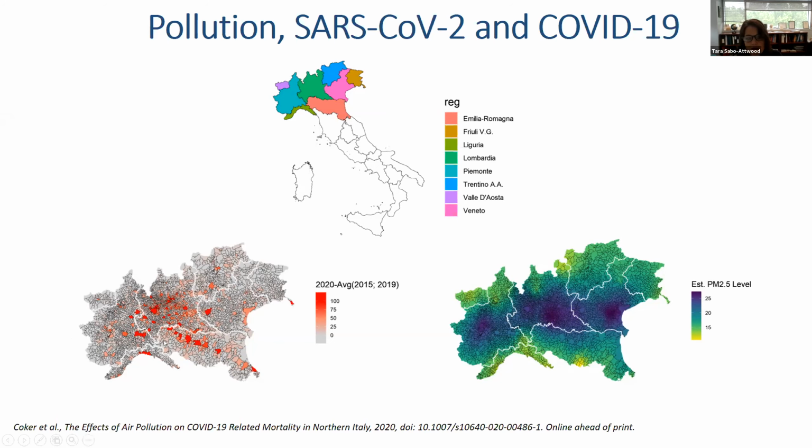And so comparing these figures, one can visually appreciate a spatial coincidence between higher levels of excess mortality and higher levels of PM 2.5, particularly in these central regions, which are known to be the most heavily polluted.